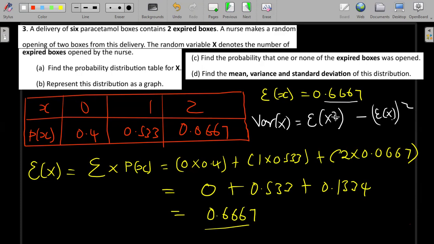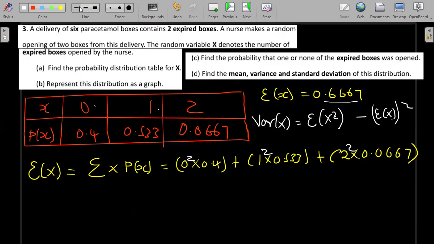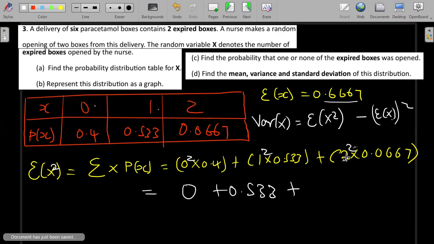So this part has a square on the x, which means you have to square the values of x here. The values of x are 0, 1, and 2. So you square the 0, square the 1, square the 2. This is the expected value of x squared. So this is going to be equal to 0, this here will still remain 0, and this here will still remain 0.533 plus, this one will change because 2 squared is going to give you 4.